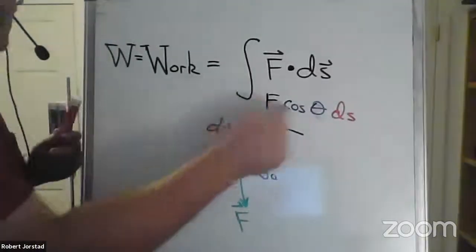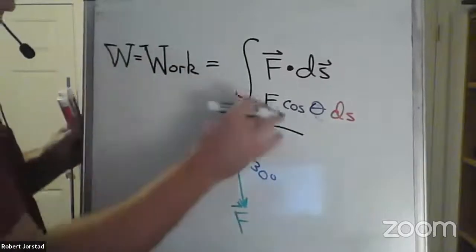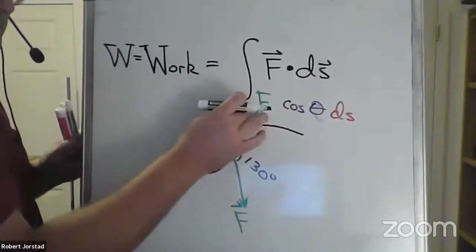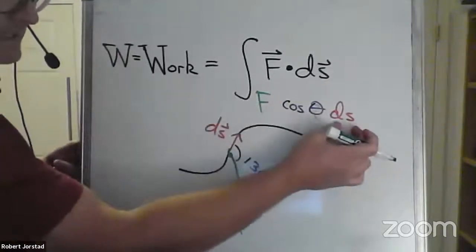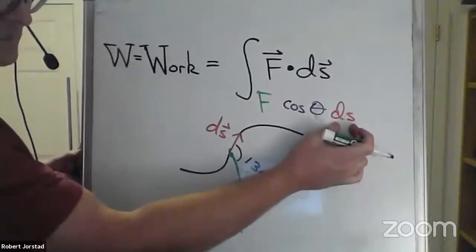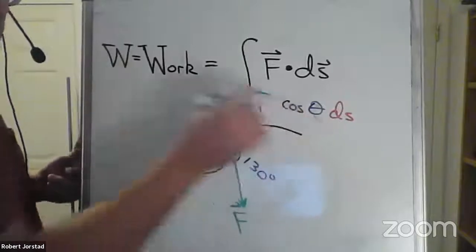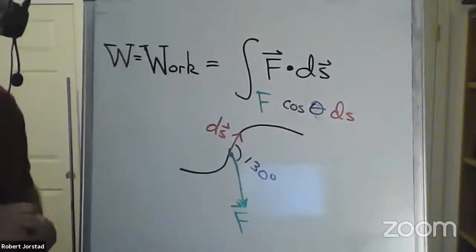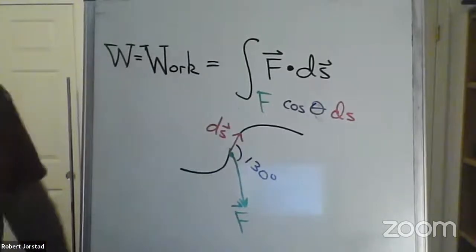It's the two vectors' magnitudes. Let me color this in green so it matches. The force vector magnitude, the displacement, even though it's tiny, it's still got a magnitude, times cosine of the angle in between. When you put in 130 degrees, is cosine positive or negative?